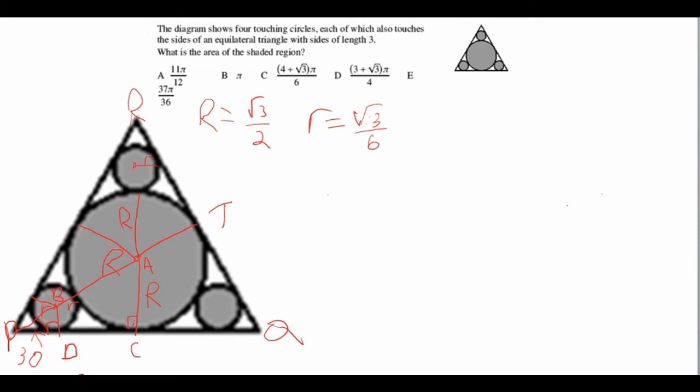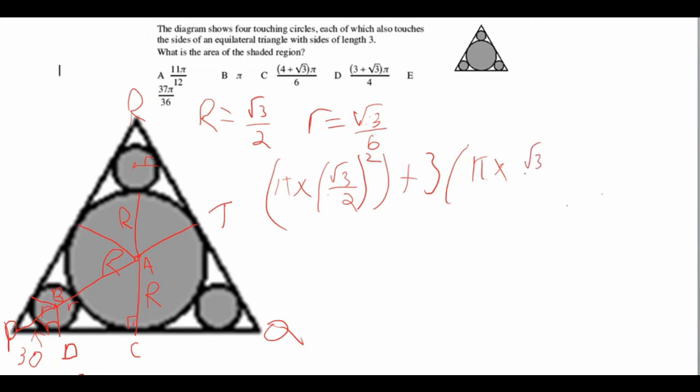So the shaded region will be equal to pi times big R squared, so root 3 over 2 squared, plus 3 pi times little r squared, so root 3 over 6 squared.